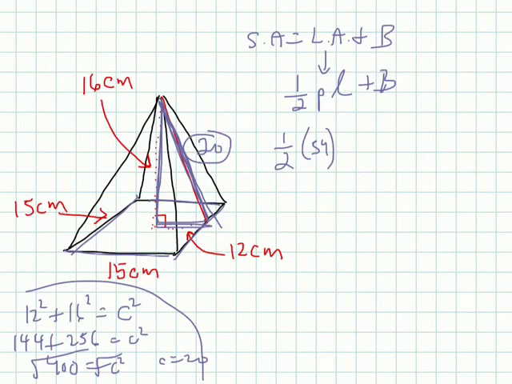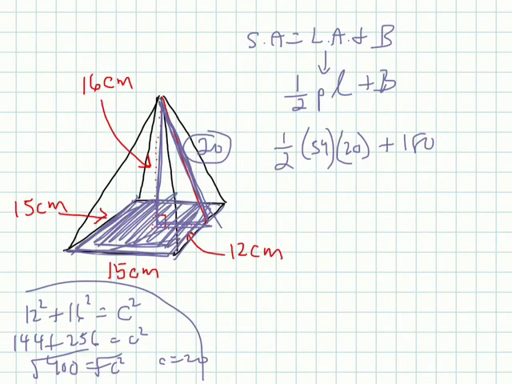And now that we've done this, I can continue along here. Times 20 plus the area of the base, which would be 15 times 12, which is 180. I just wrote that right here as 180. So then we'll just do some computation here.